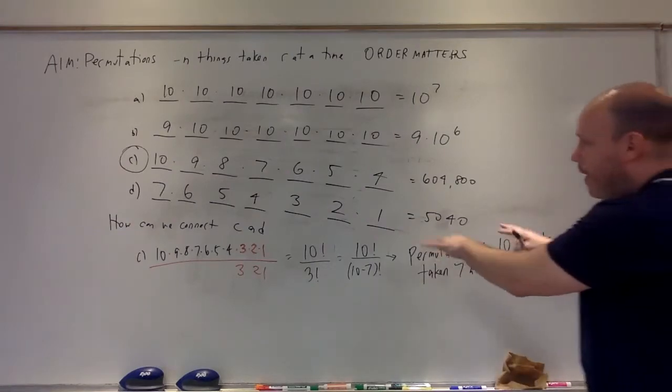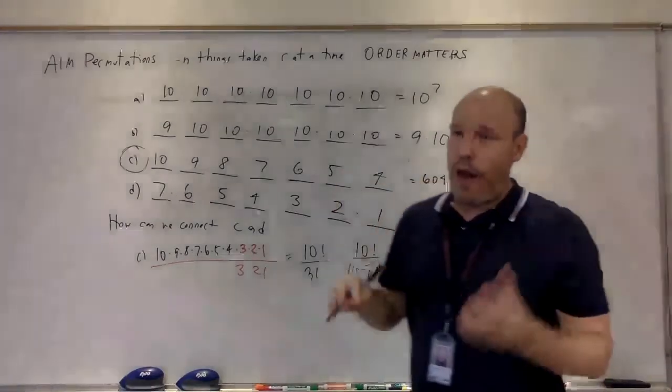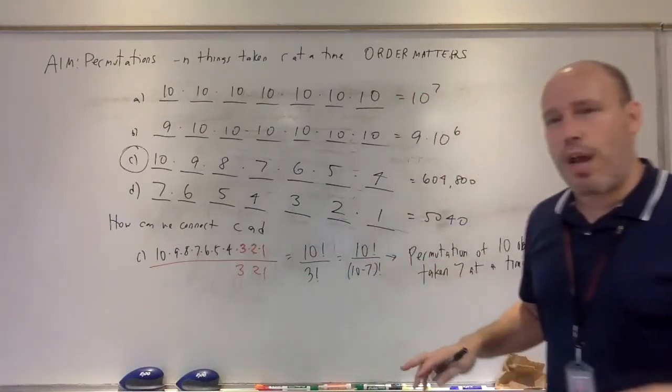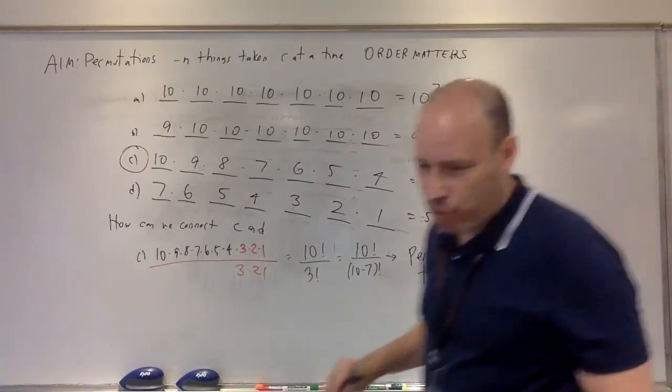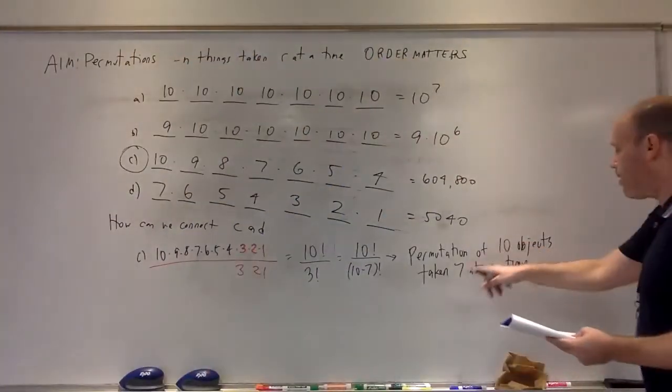And this is the idea of the answer to C, which is you have 10 numbers to choose from, and you have to make a 7-digit number. That is a permutation. Permutation, 10 objects taken 7 at a time.